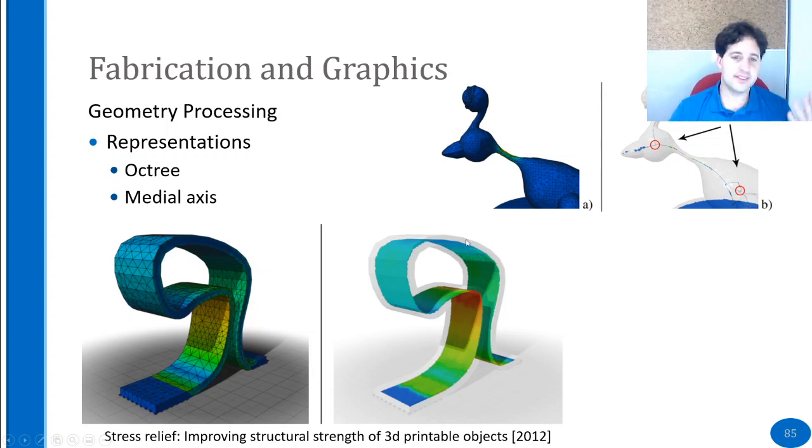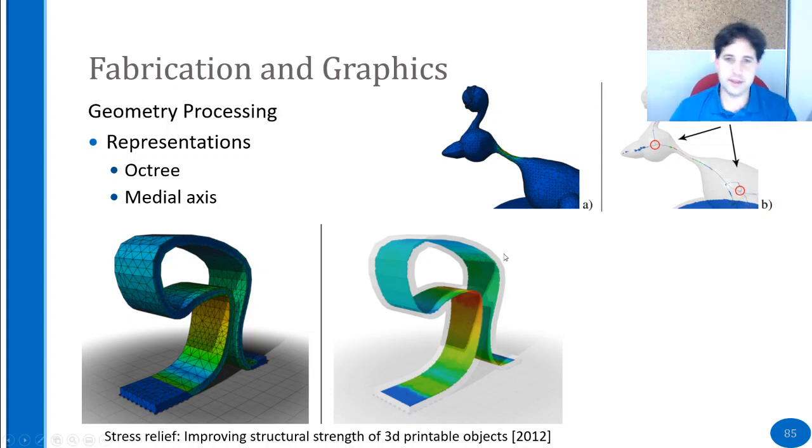And this medial axis also, and we know this from traditional geometry processing, is very good at representing the geometry or the semantics of the geometry, right?